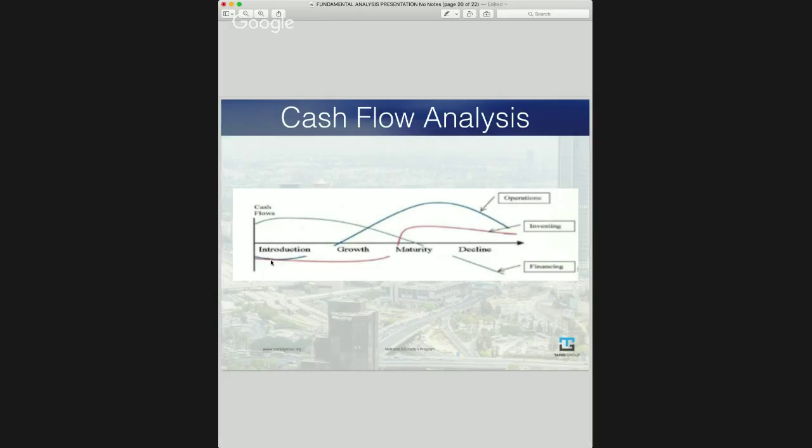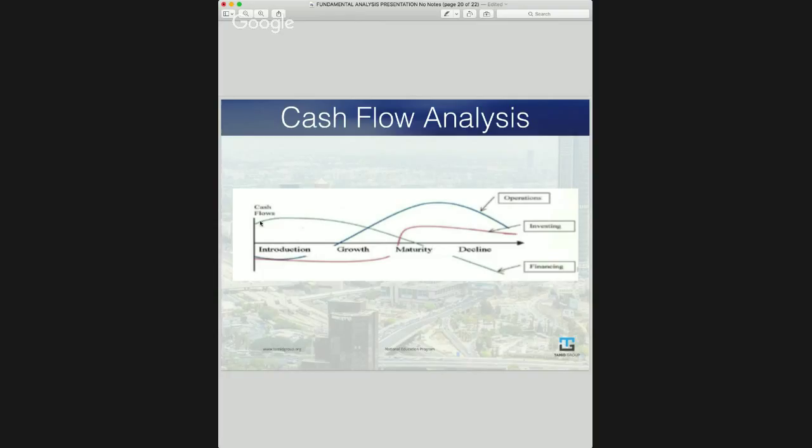As you can see, as you're going through the growth stage, your operating cash flows move positive. Your investing cash flows move positive once you start to sell your assets, once you start to sell your storefronts. And your financing, as you pay off more and more of your debt, is going to go further and further negative. Now, what this tells me is if my financing number is very far negative, my operating number is decreasing, and my investing number is kind of positive too, this might tell me the company is at the end of its life cycle.